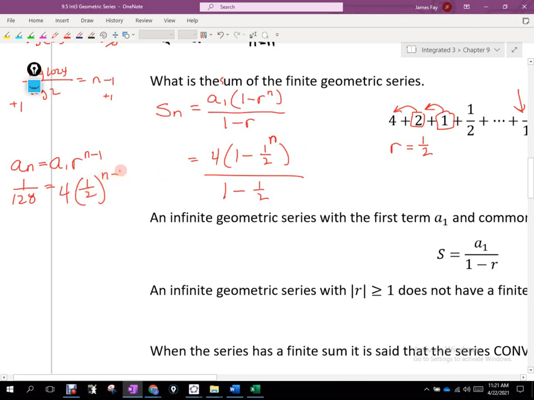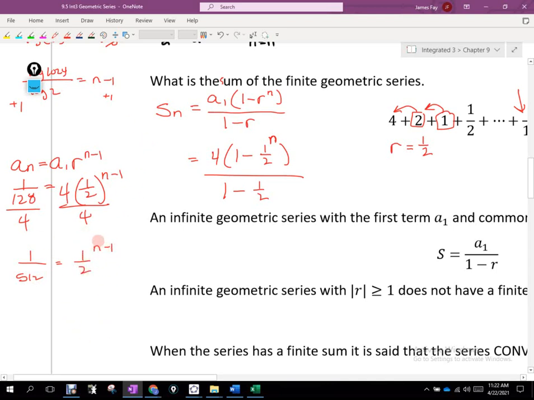But this n minus 1 we're uncertain of. How do I get this 4 to the other side? Divide by 4. So then I'll divide here by 4. So 1 over 128 divided by 4 would be 1 over 128 times 4. So 128 times 4 is 512. So 1 over 512 is equal to 1/2 to the n minus 1.